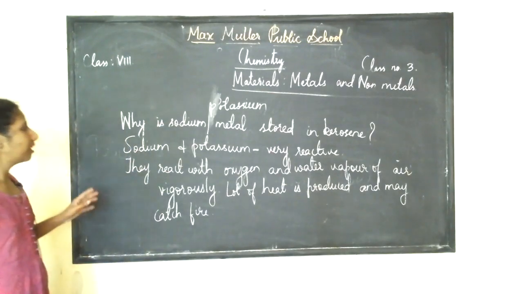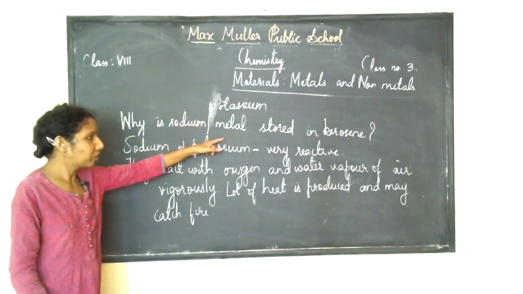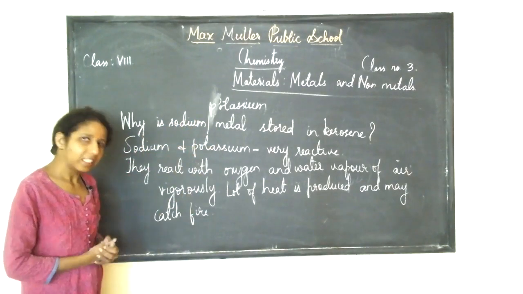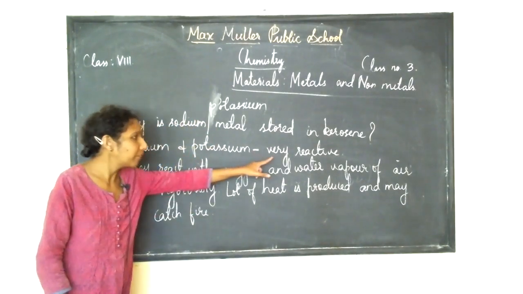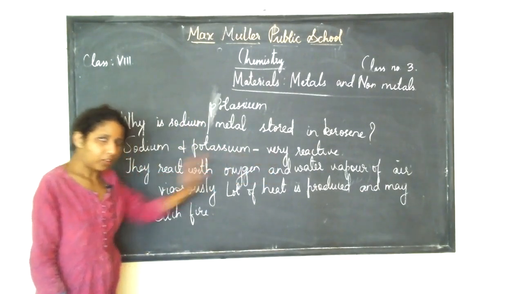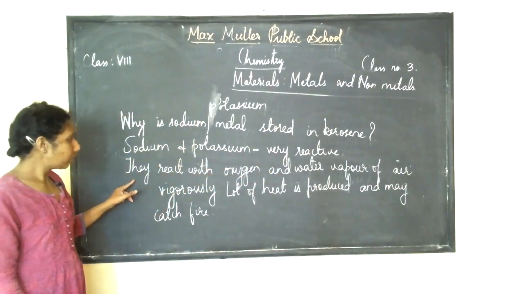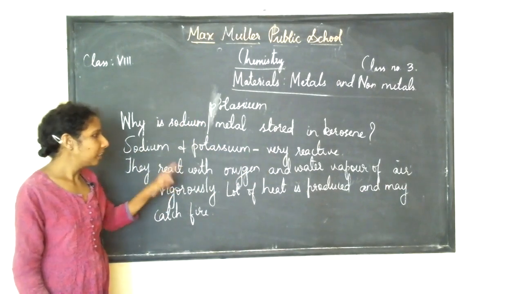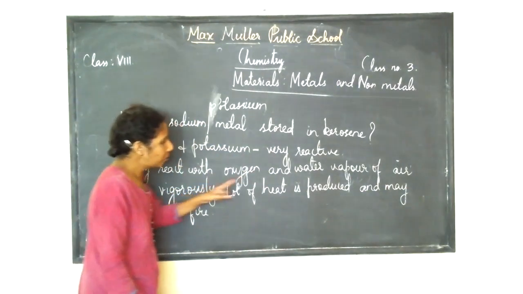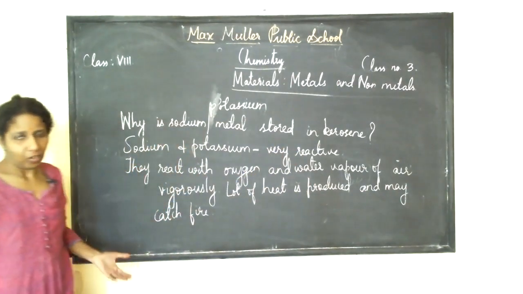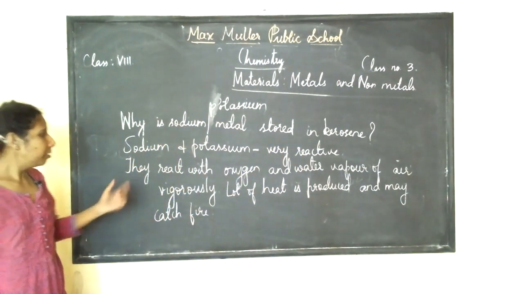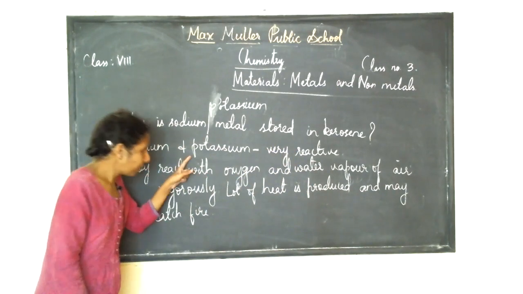Did you people understand? Why are sodium and potassium metals stored in kerosene? Because they are very reactive. So, these metals react with the oxygen and water vapor of air vigorously.